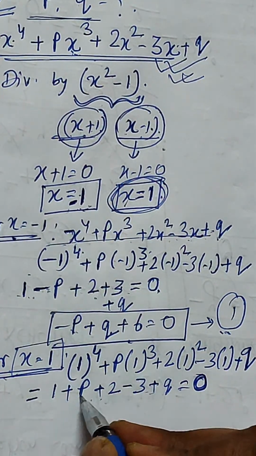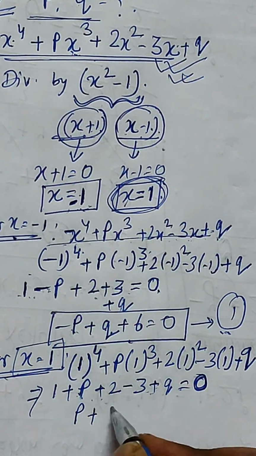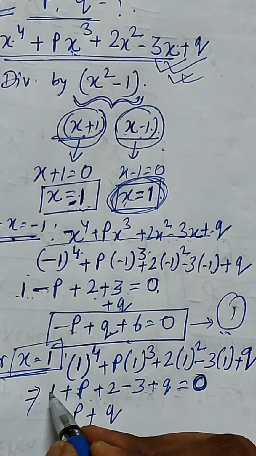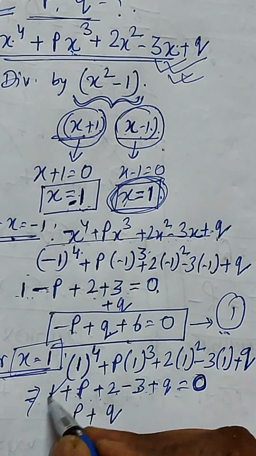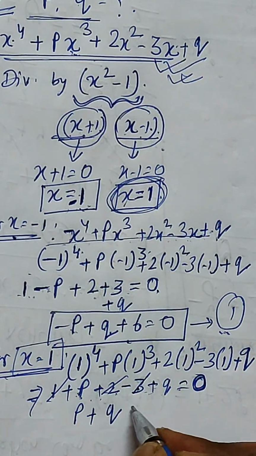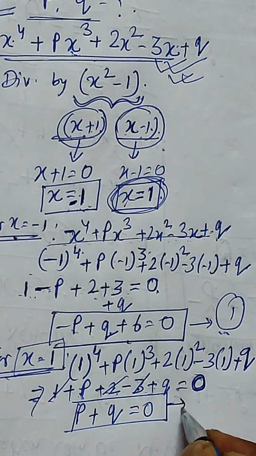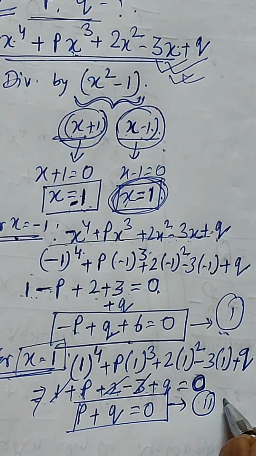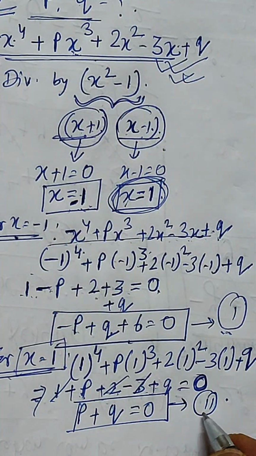So the second equation will come as p plus q, 2 plus 1 is 3, and the 3 will cancel out. So p plus q equal to 0. This is the second equation which we have derived, right?